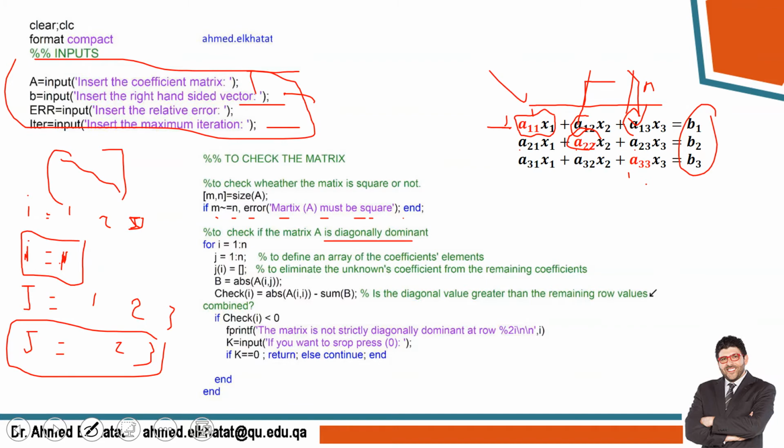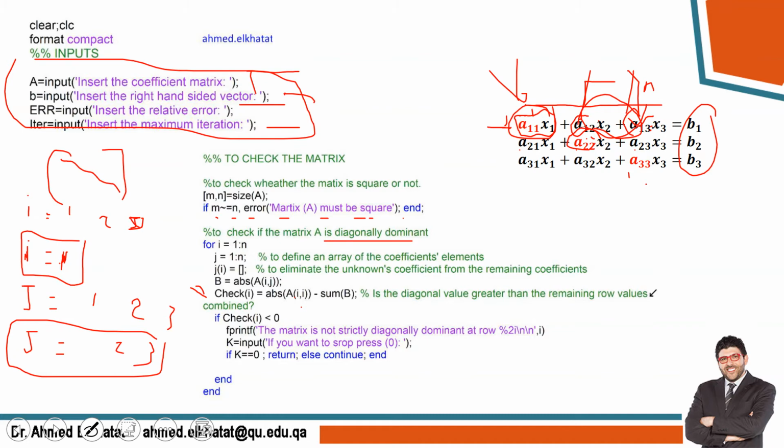Now we created an equation check: check equal abs of a(i,i), I extracted the first value, this one, minus the summation of b. B is 2 values, so this one minus 2 values.